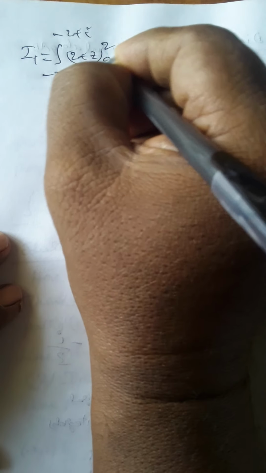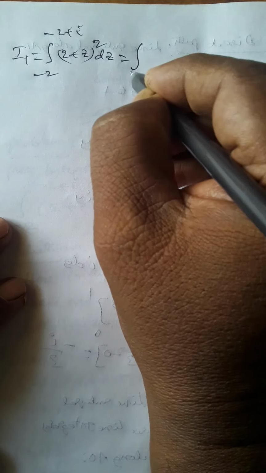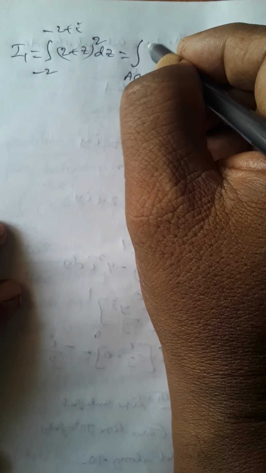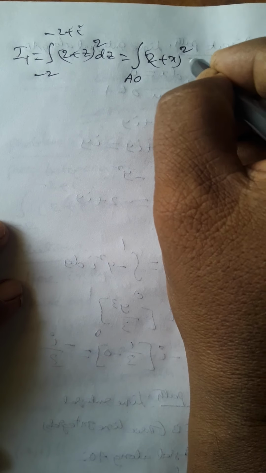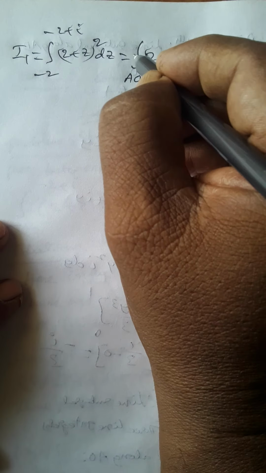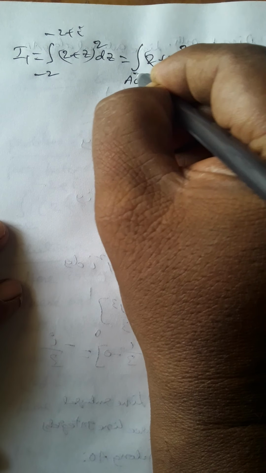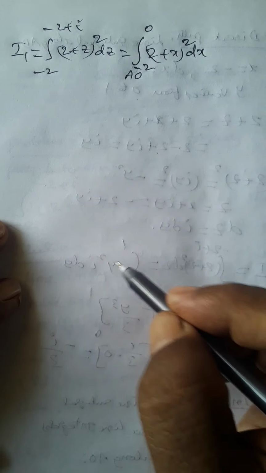Therefore, I1 is equal to the integral from minus 2 to minus 2 plus i of (2 plus z) whole square dz, which is equal to the integral along AO of (2 plus x) whole square dx, with limits minus 2 to 0.